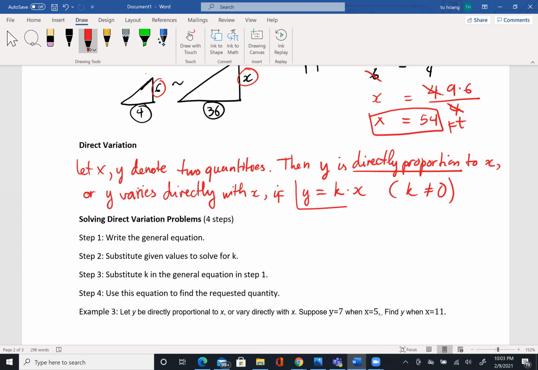So if you have something like this, then y is directly proportional to x.